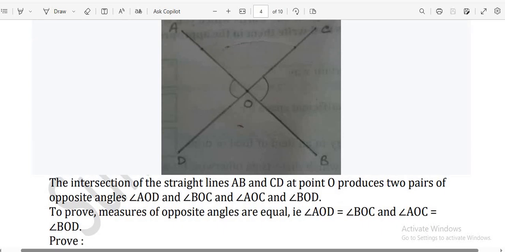To prove the measures of opposite angles are equal, that is, angle AOD is equal to angle BOC and angle AOC is equal to angle BOD.